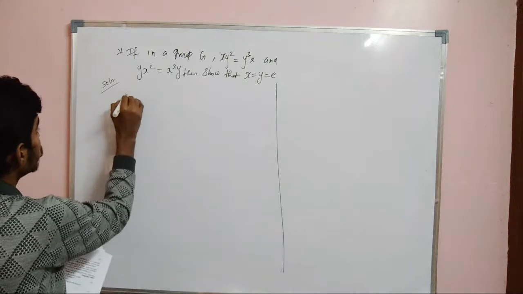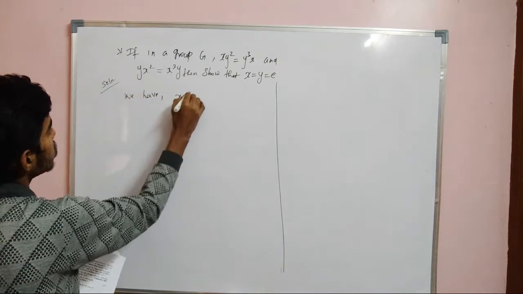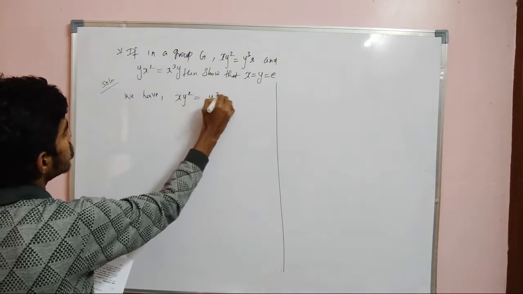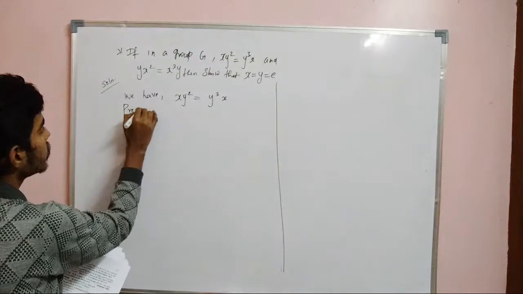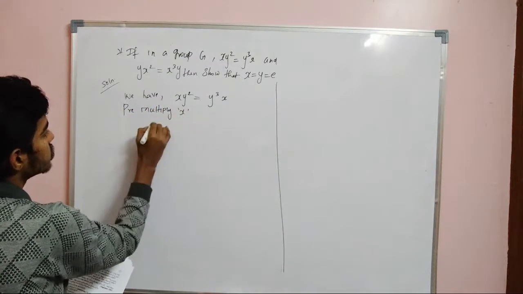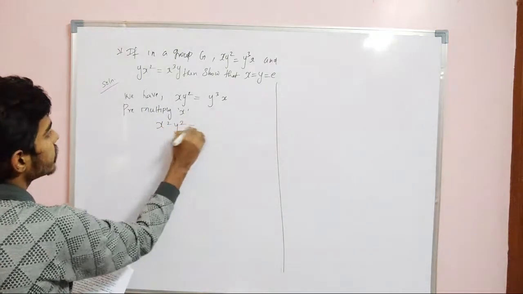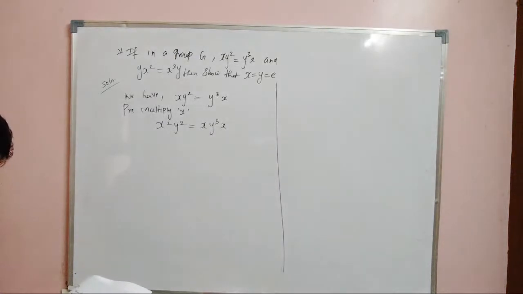Okay, so first we will take the first condition, x y square is equal to y cube x. I am going to pre-multiply by x. So this will be x square y square, and this will be x y cube x, right? So we have x square y square is equal to x y cube x.